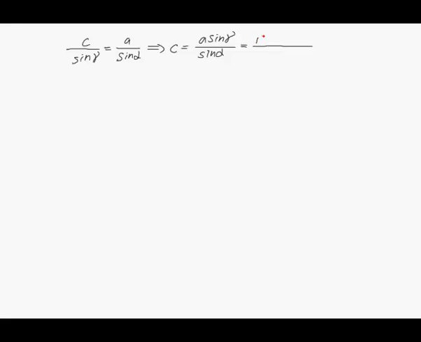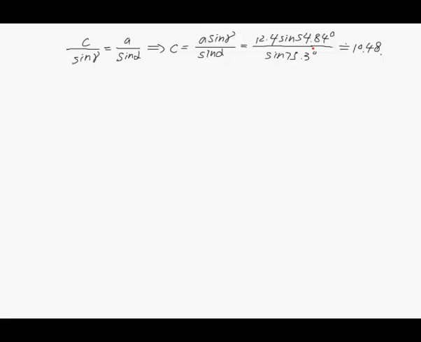You have 12.4 times sine 54.84 degrees divided by sine 75.3 degrees, and then you simplify, you have 10.48. Done.